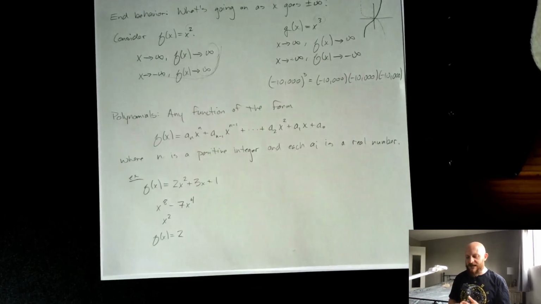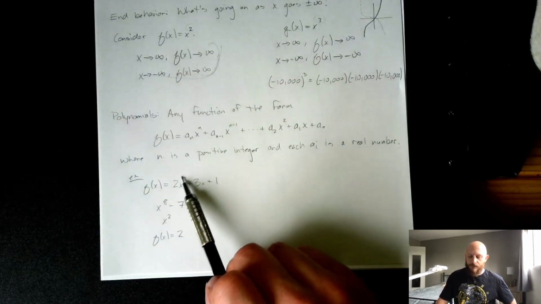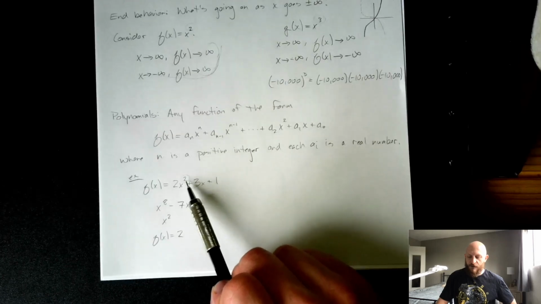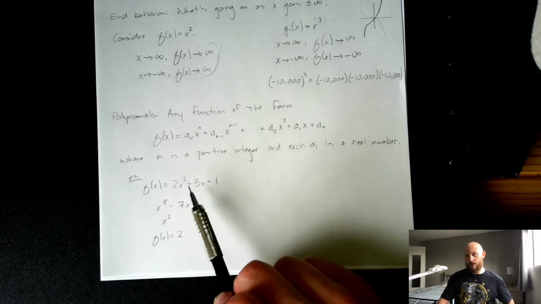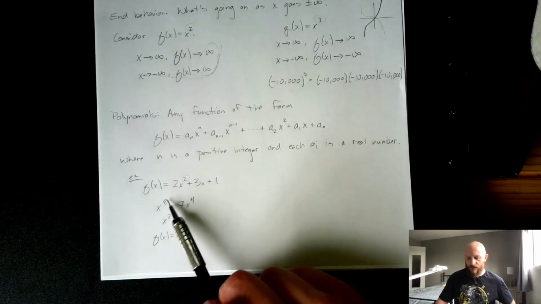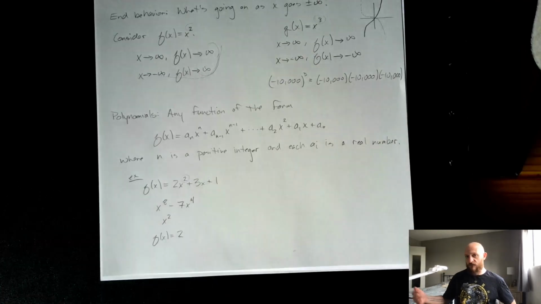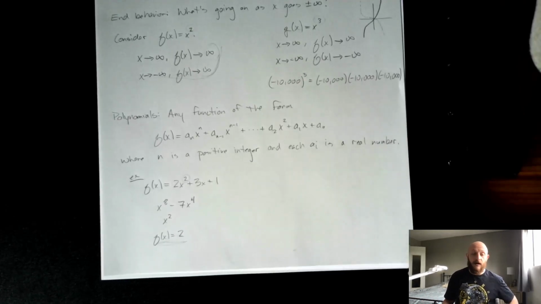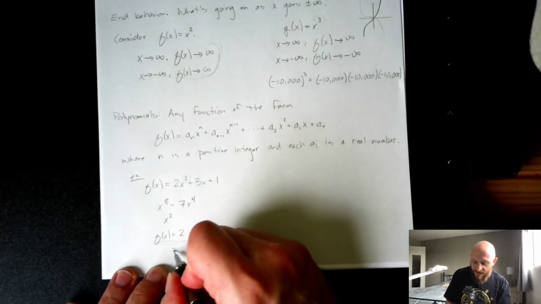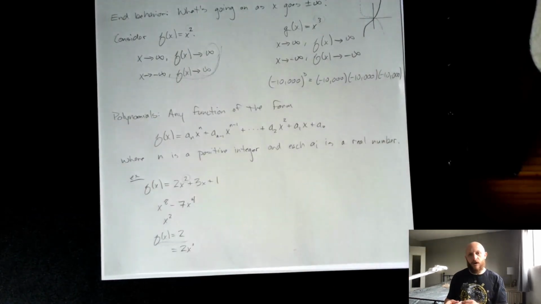So the big key about a polynomial is that any power on the variable is a non-negative integer. So they can't be negative up here, and they have to be whole numbers, 1, 2, 3, 4, 5, or 0. That's why something like f of x equals 2, the constant function, is a polynomial, because this is the same as 2 times x to the 0th power.